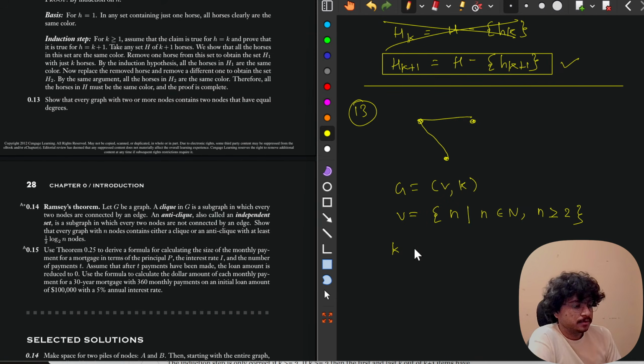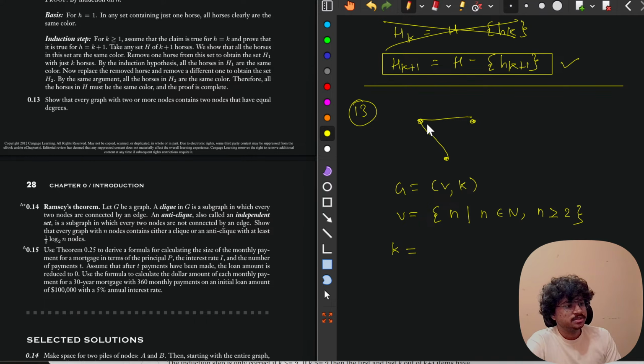And K, this is going to be interesting. Construct all possible solutions.